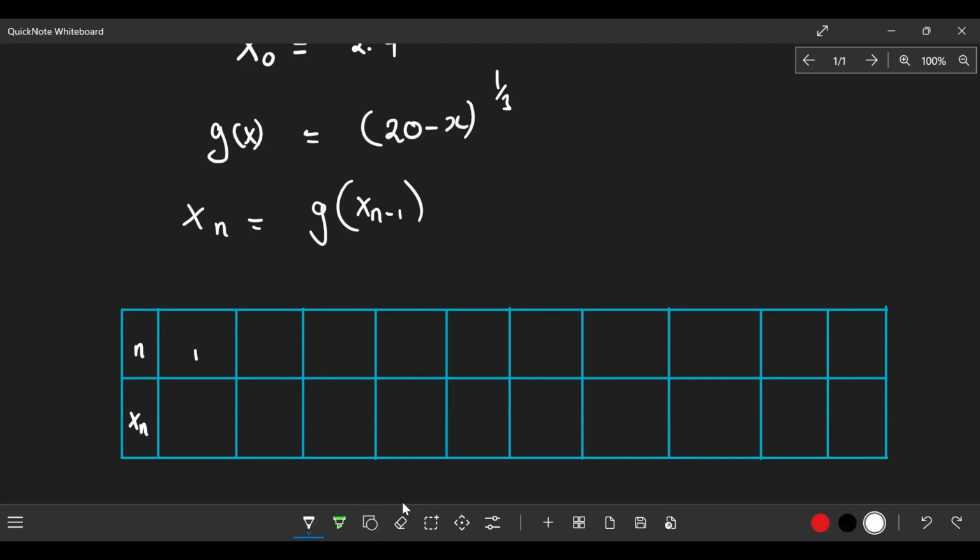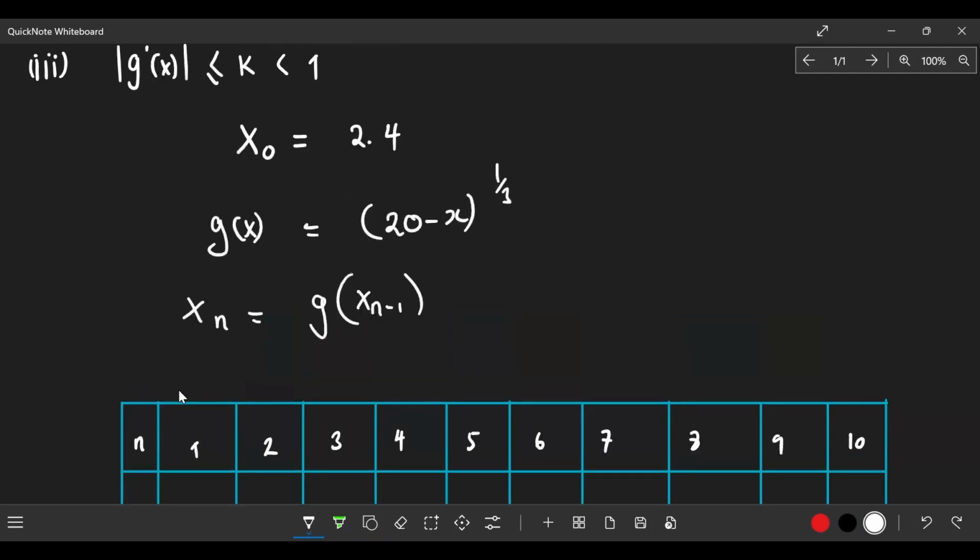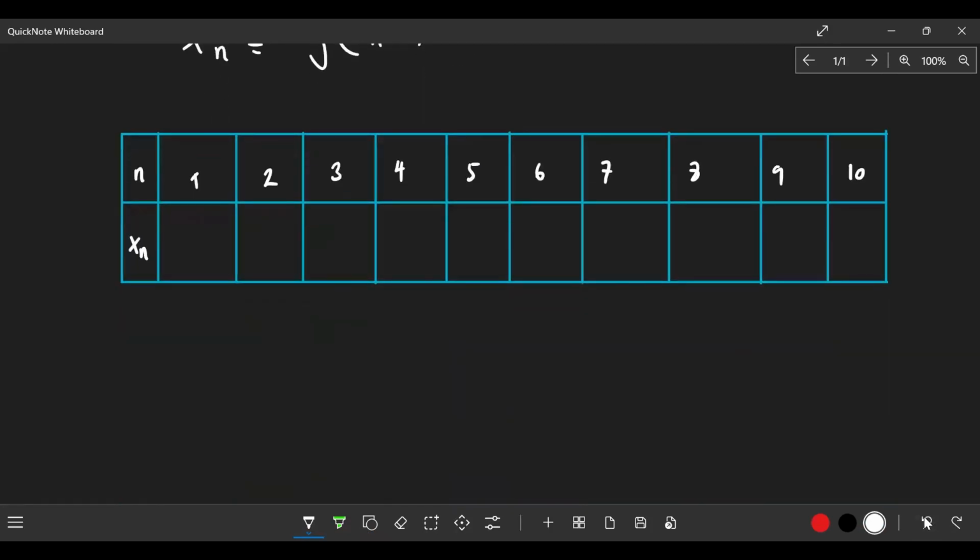I'm going to start from n equal to 1, 2, 3, 4, 5, 6, 7, 8, 9, 10, right? So for n equal to 1, x of 1 equals g of x0, because n minus 1 will equal 0, right? So you start.